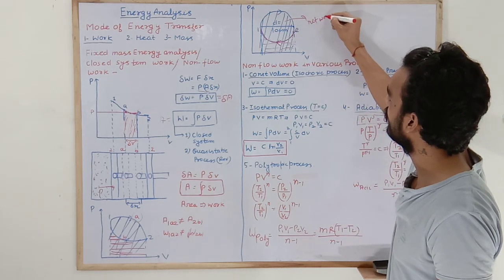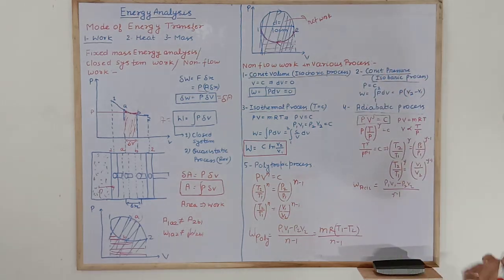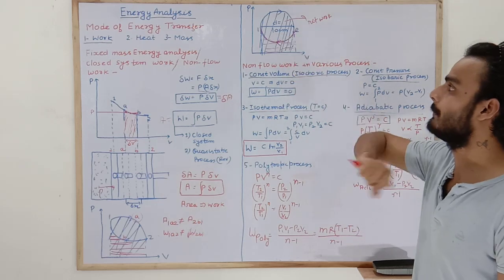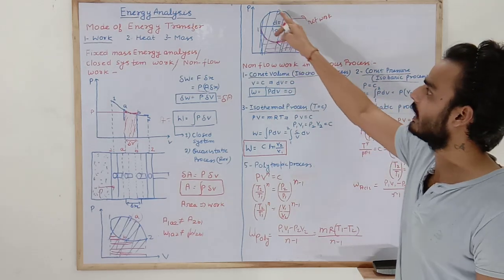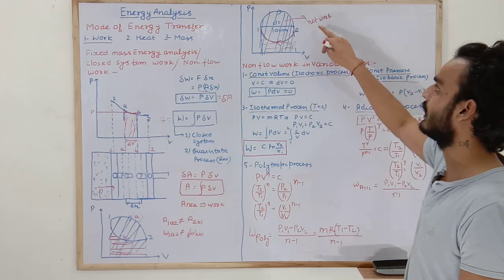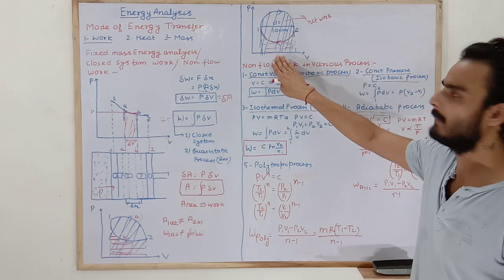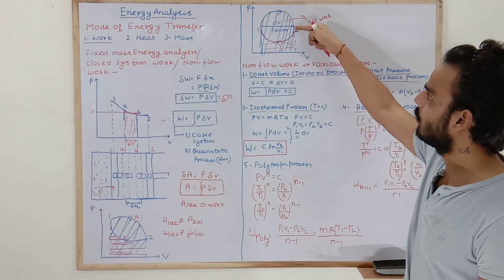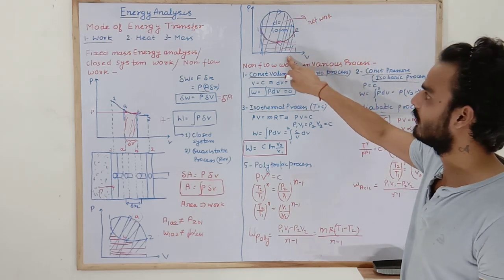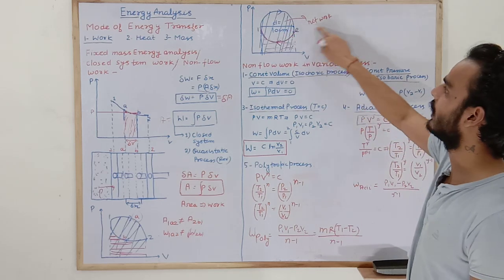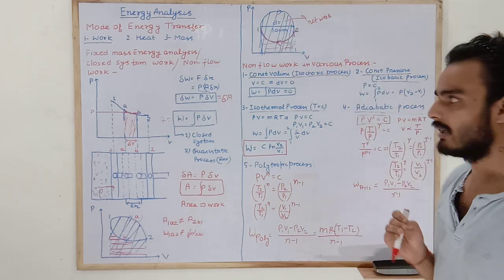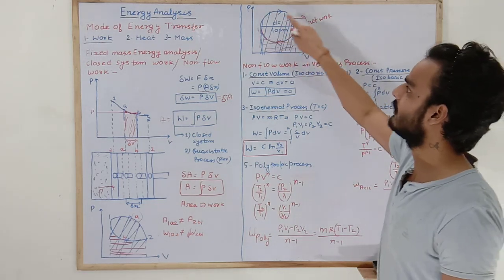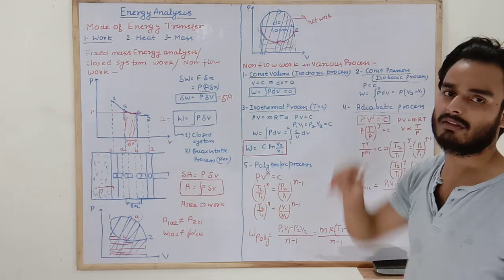So if you want to calculate the work done by the system, and the system is doing a cyclic process, you can directly calculate the area of this circle and get the net work. This is the lengthy way: calculate work from 1 to 2, then calculate work from 2 to 1, subtract, and get the net work of the cyclic process. Don't go by this process; directly calculate the area of this circle and you get the net work interaction.